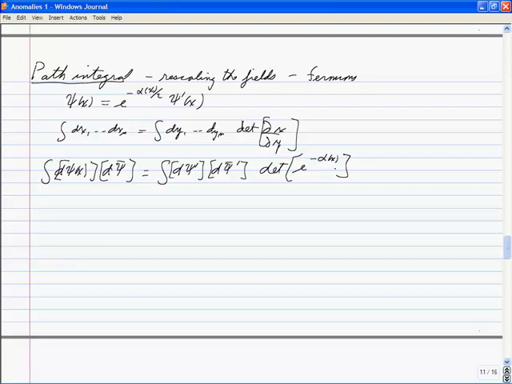There's a 1/2 for the ψ and a 1/2 for the ψ̄.